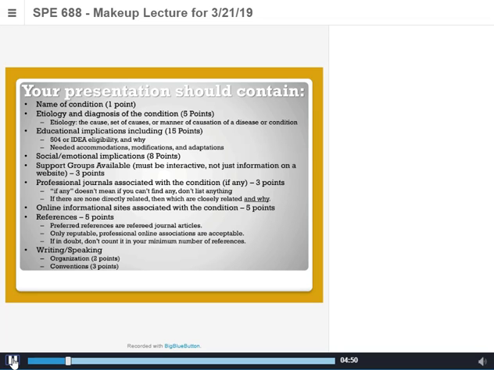So you might want to look into things like the CEC Division on Physical and Health Disabilities. They have a journal. It may not be solely dedicated to your condition, but maybe there's a special issue, or you say, well, there isn't a specific journal for this, but these are the types of journals that sometimes have articles related to this.